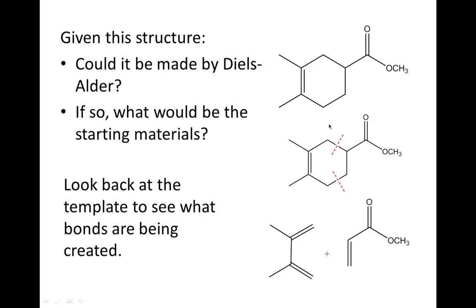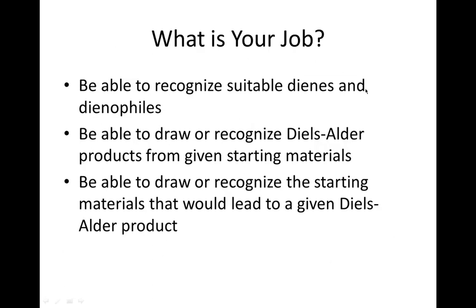So you can look at this kind of structure and figure out what would have been the starting materials to make that using a Diels Alder. In this part of the chapter, you need to be able to recognize structures that would be suitable as dienes or as dienophiles, and what the rules are about that: being able to achieve the right s-cis geometry, having electronegative elements for the dienophiles.